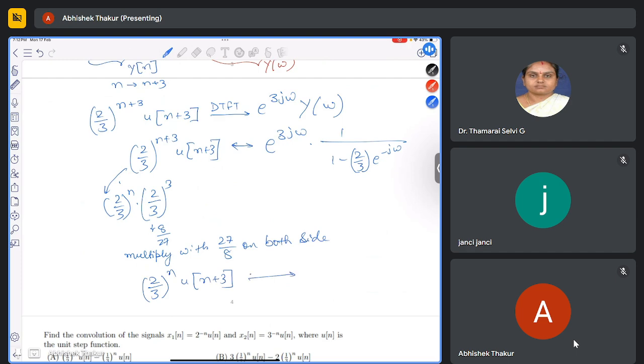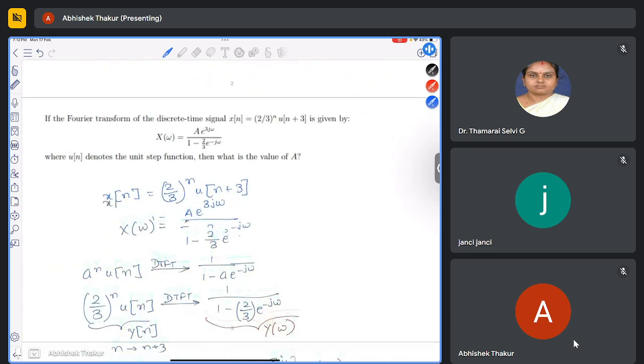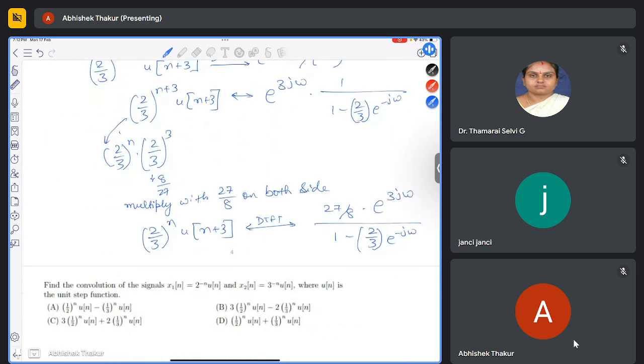So the DTFT will become 27 by 8 into e^(3j omega) divided by 1 minus 2/3 e^(-j omega). For this there is no matching option; this is just a selective question. So this is the answer for this question.